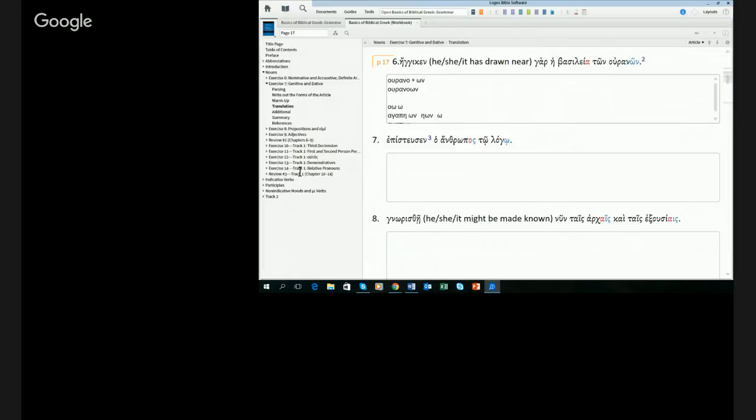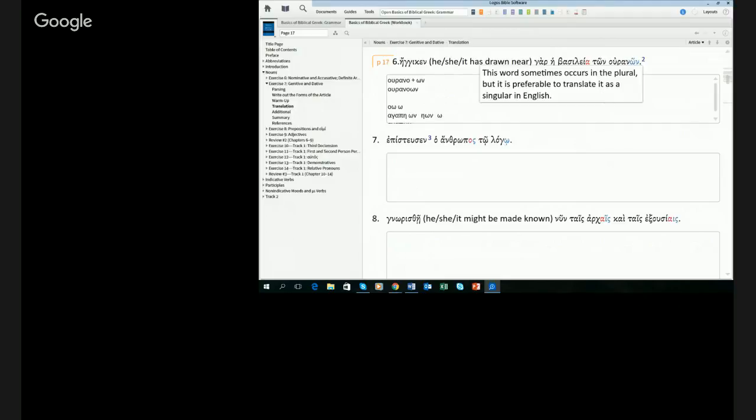So I wouldn't mark you wrong, but all English translations are going to render this phrase the kingdom of heaven, singular, where uranos seems to function as a plural of majesty, not as referring to multiple heavens. So, although if we did see it as heavens, that would not be incorrect. Wouldn't mark you wrong.